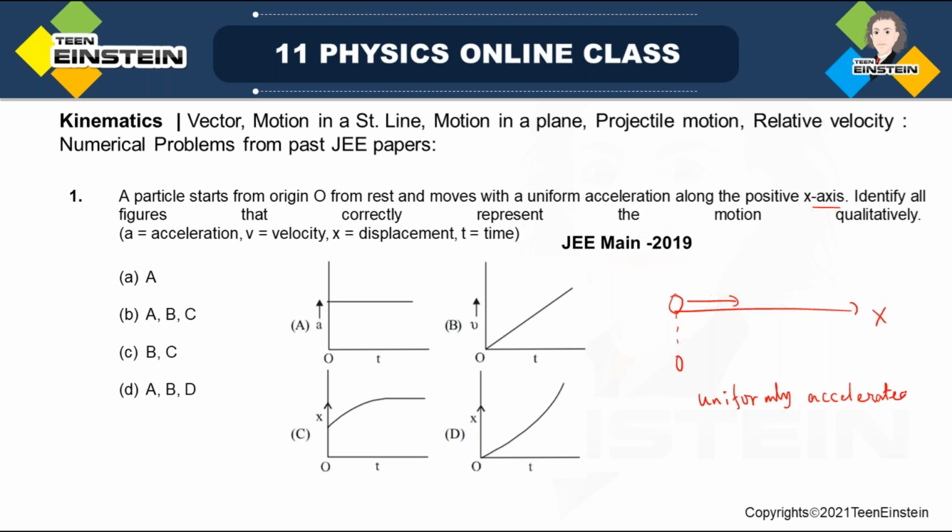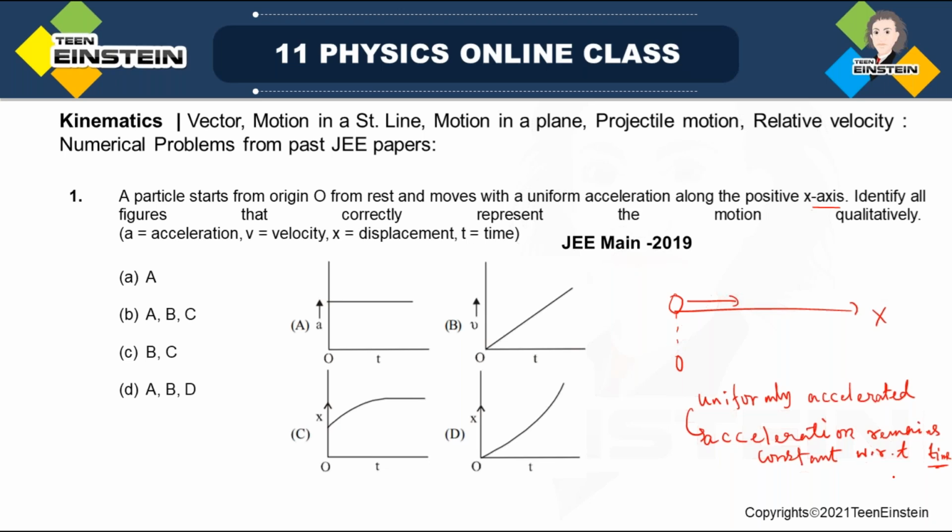What does this mean? Uniformly accelerated motion means acceleration will remain constant. Not only with time, with distance also. Here, since the graph has been plotted against t, we are going with time.